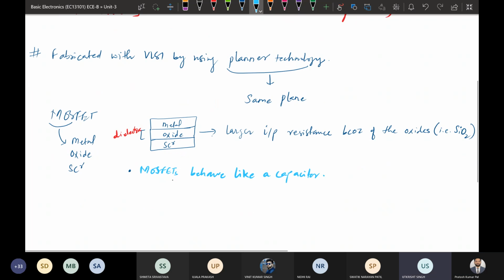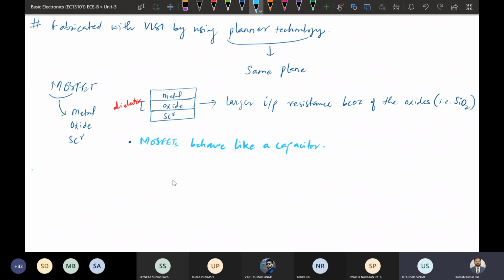Some other properties of MOSFET: it dissipates very little power, or we can say it has negligible power dissipation.